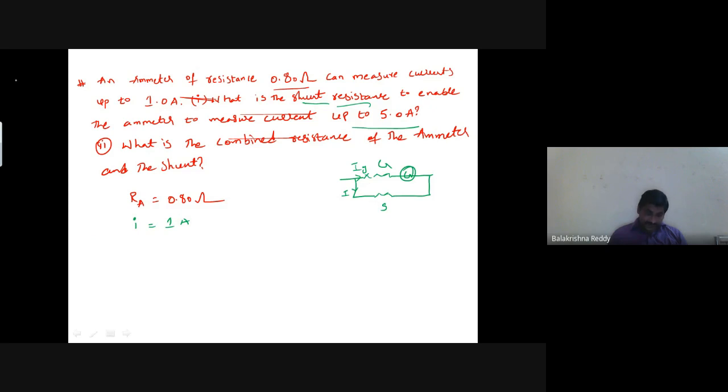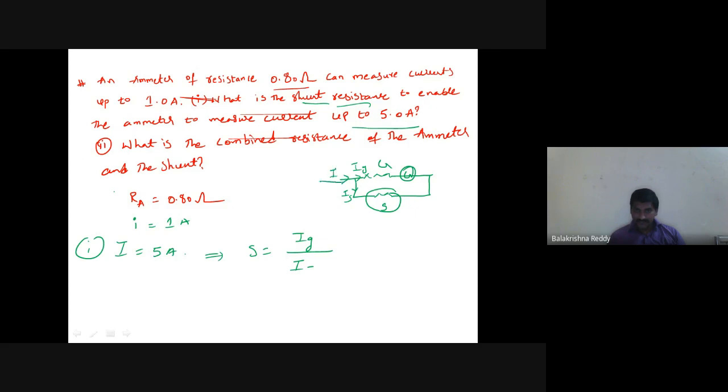For the first question, the total current we need is 5 amperes. To enable 5 amperes, how much shunt is required? We have a formula: shunt resistance is equal to the current flowing through the galvanometer divided by the total current minus the current passing through the shunt, into Rg.